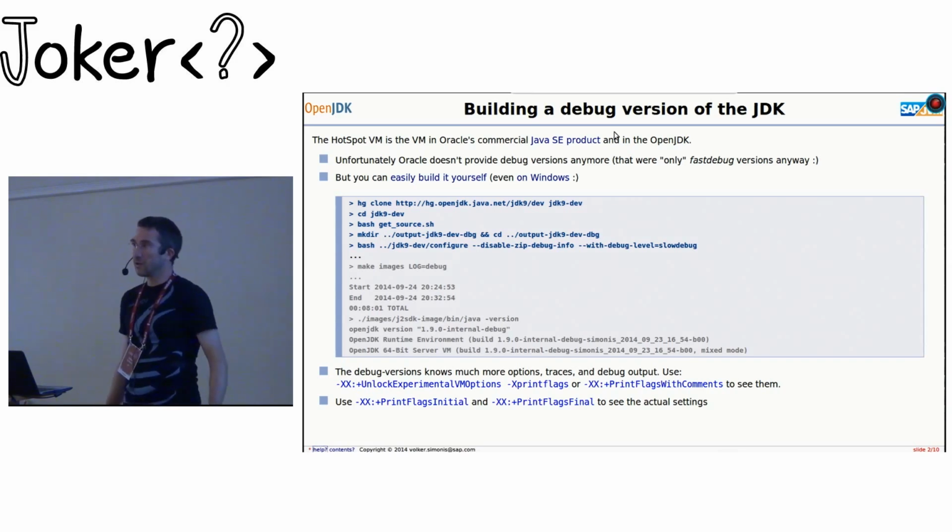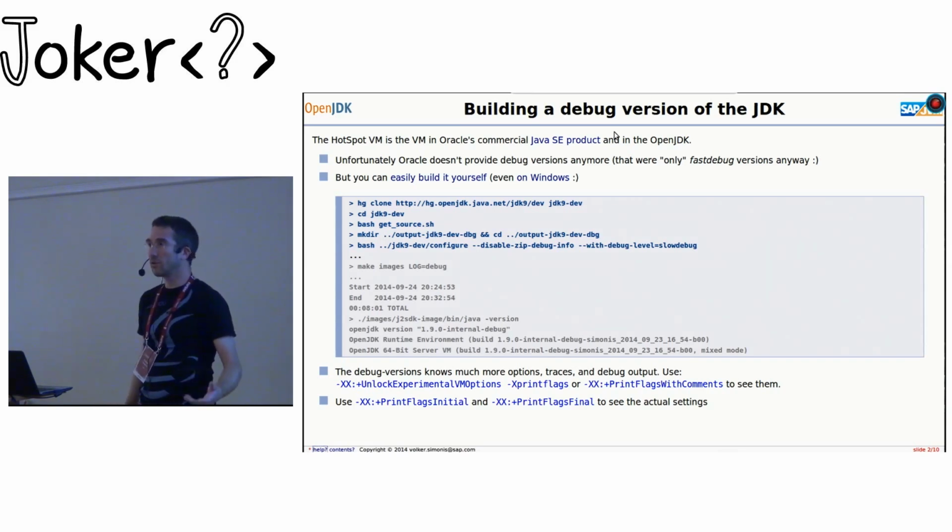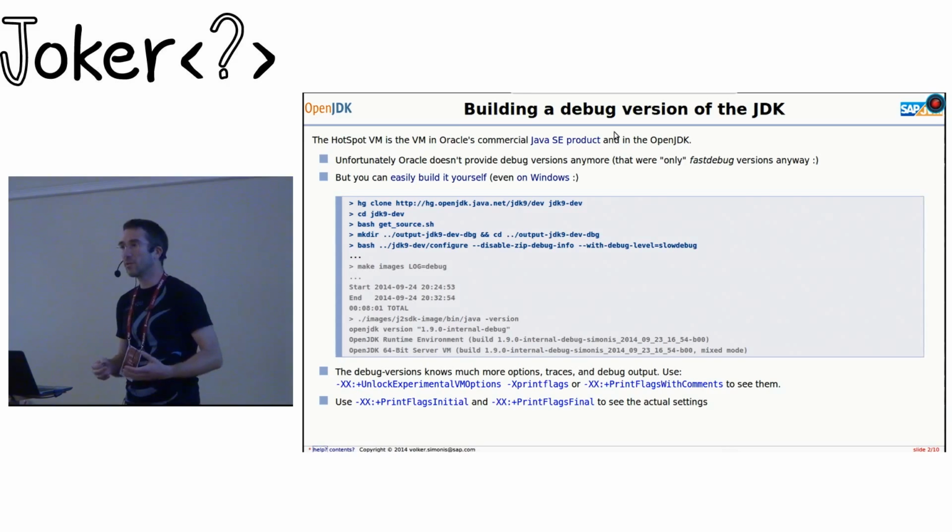When you build OpenJDK yourself, usually you want to build a debug version, because the debug version is not only easier to debug because it contains the debug information, but HotSpot is also instrumented with a lot of debugging and tracing code, which helps you a lot.